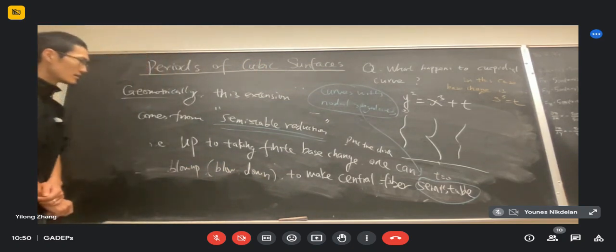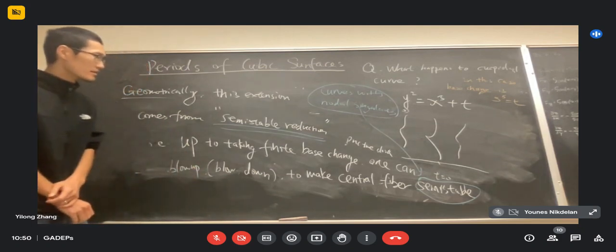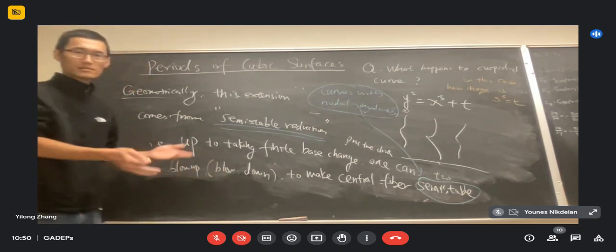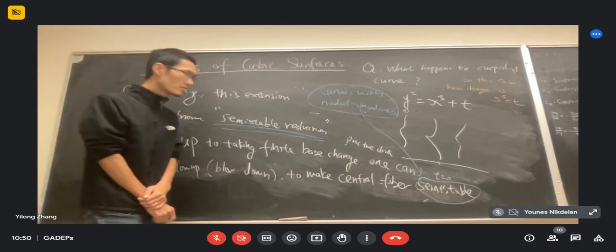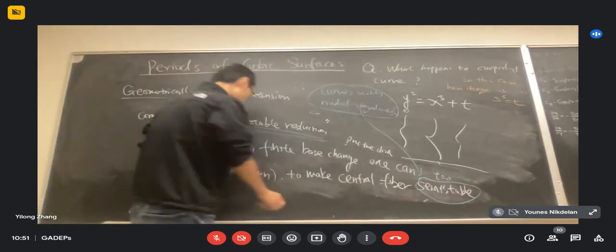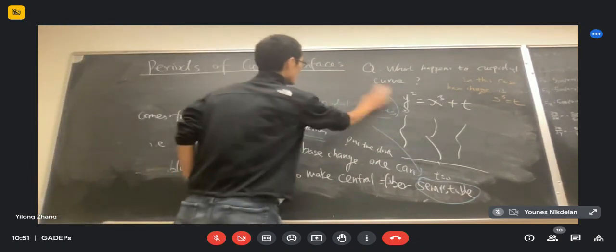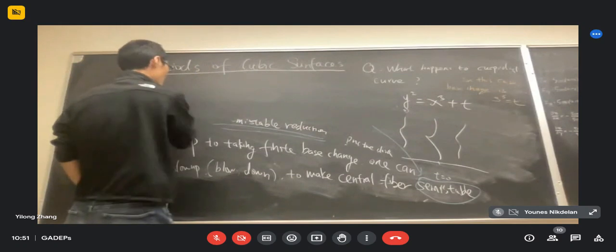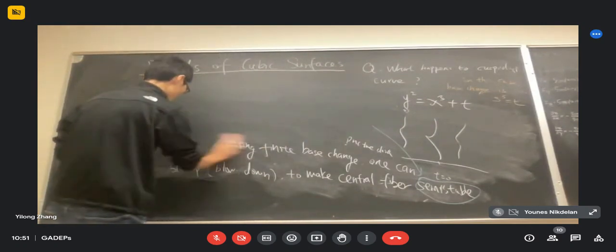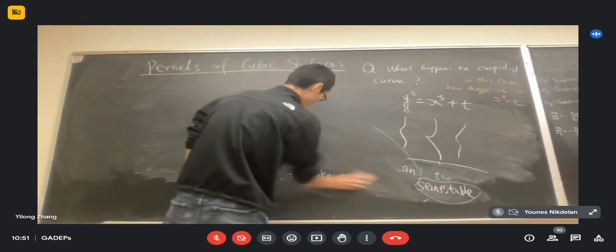Okay, so maybe this is the end of the introduction part, and we will begin to talk about stories in cubic surfaces. So we basically increase one dimension up.